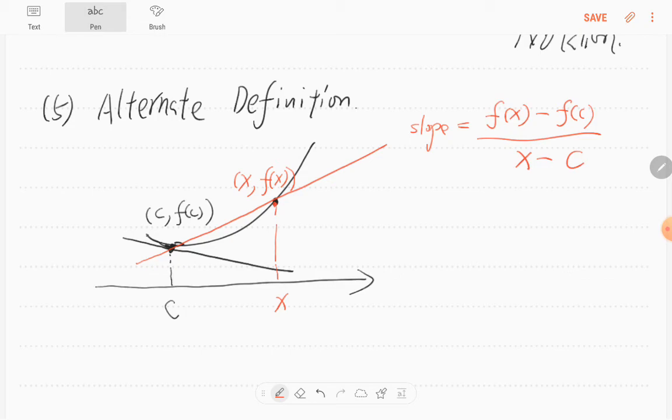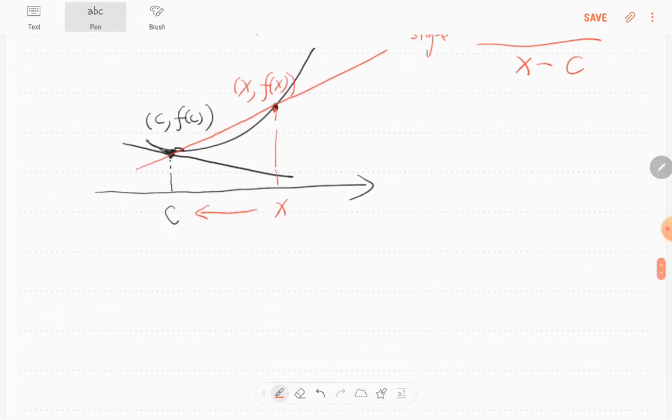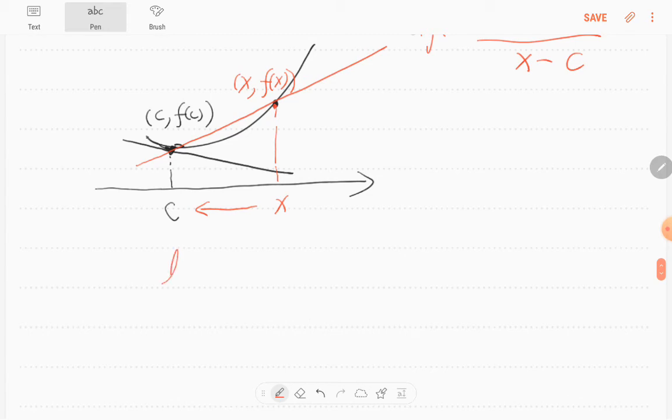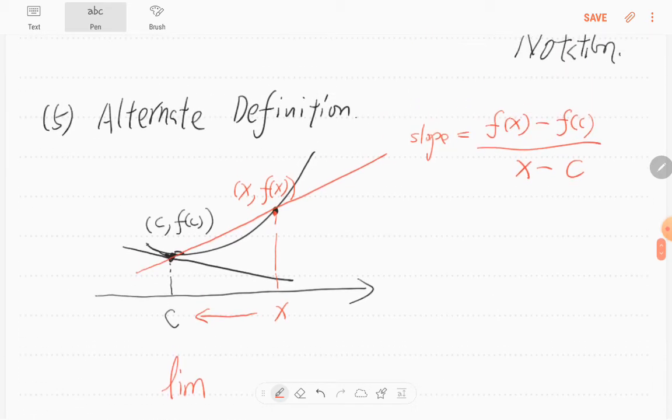Now we let x approach c, and we take the limit for this secant line. When x approaches c, this point will be closer and closer to the tangent point. At last, if these two points coincide, then the red line becomes the tangent line, so the slope of the red line becomes the slope of the tangent line.